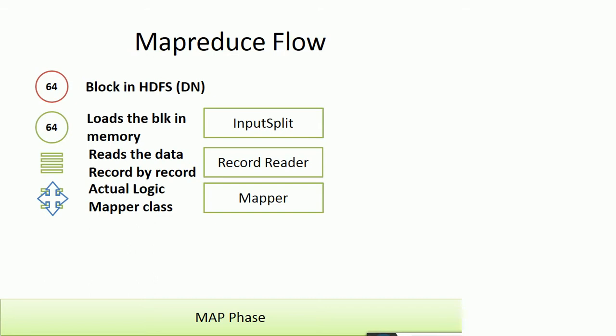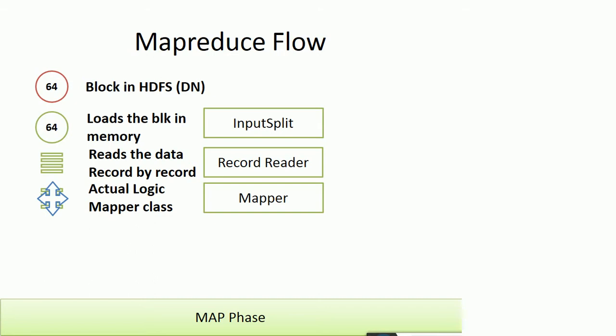After input split, the second component comes, called the record reader. As its name says, it reads the records. Whatever data the 64 MB block has loaded in the memory is identified in the form of records.